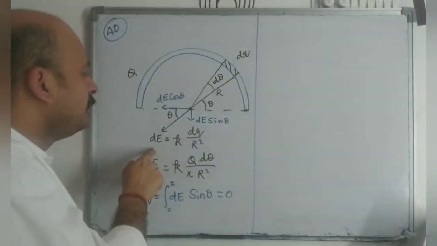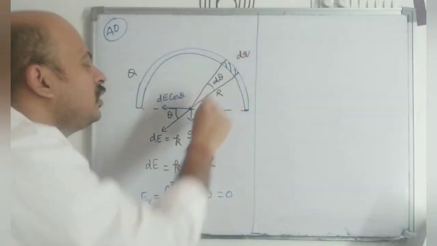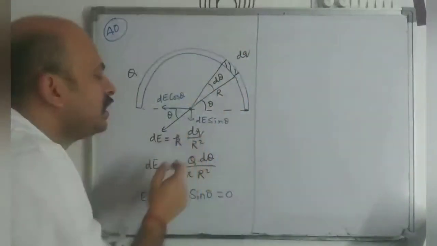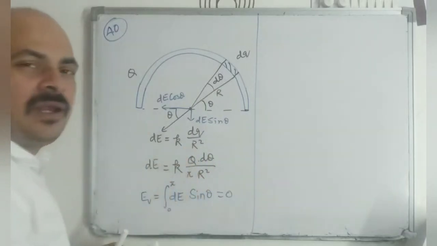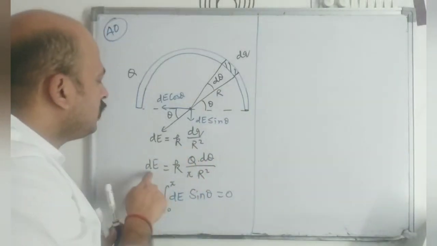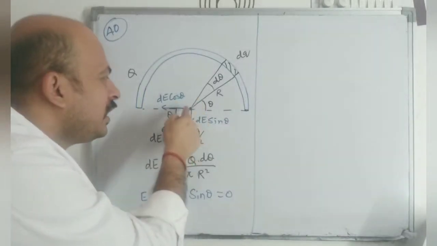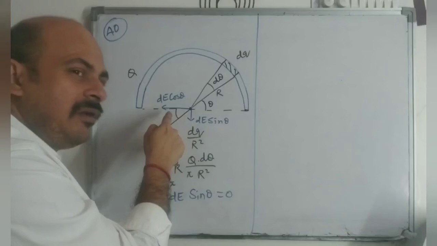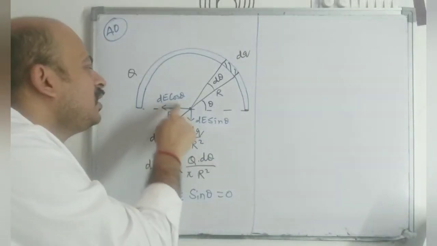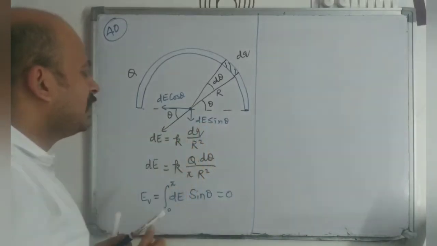So dE will be equal to k dq upon r square, that is the expression of electric field due to a point charge. Because that dE is directed at a certain angle from horizontal, it will have two components, dE cos theta and dE sin theta. Let us calculate the vertical component.